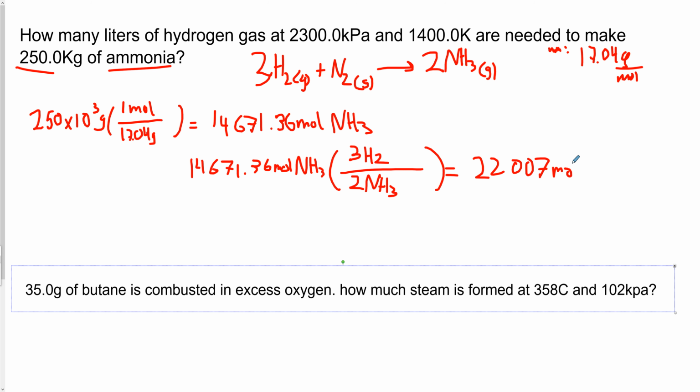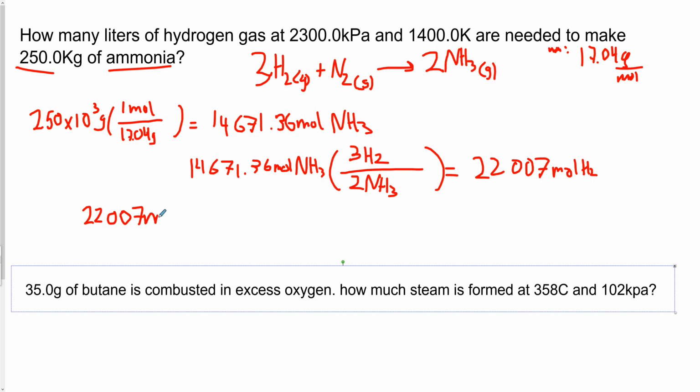Now we just have to turn it into liters. So we will use nRT over P. Just like before, we've been given moles of a chemical and we're turning it into liters at a specific pressure and temperature. So here is my n with the unit, moles.